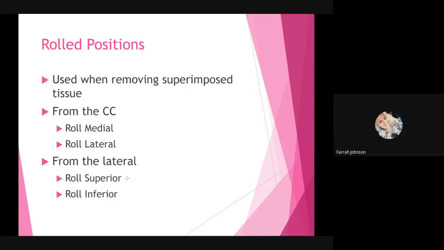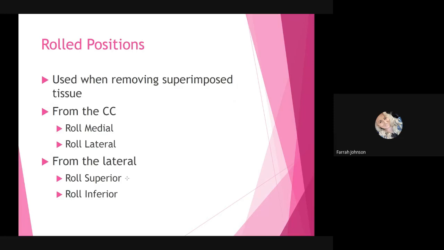Then we have our rolled positions. So this is going to be used when we're trying to remove superimposed tissues. These projections are not as common anymore with the invention of tomosynthesis, because tomo kind of is giving us a rolled position type analysis of the breast. However, if you're at a facility that does not have tomo, then you may have to do rolled positions from time to time.